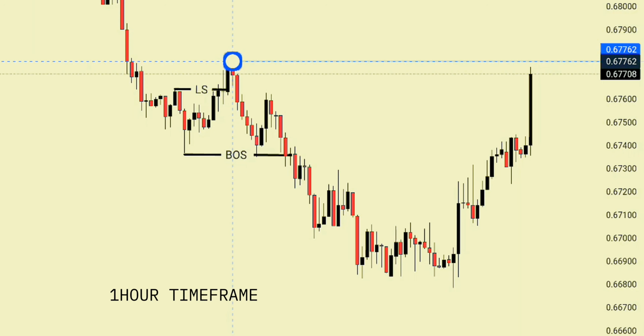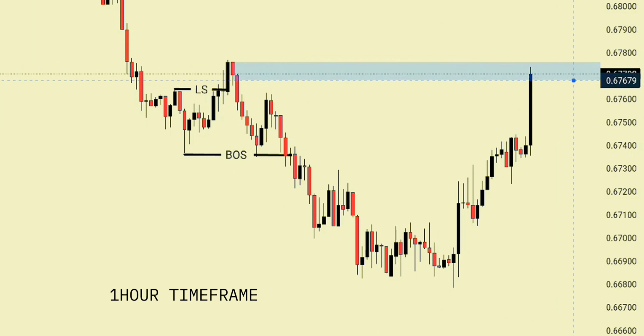Now that the liquidity sweep has occurred, we identify the order block. The order block is the last bullish candle or small bullish candle cluster before the strong bearish move that caused the break of structure. That candle represents the area where institutional sellers entered their positions. On the chart, I have marked this candle zone clearly.